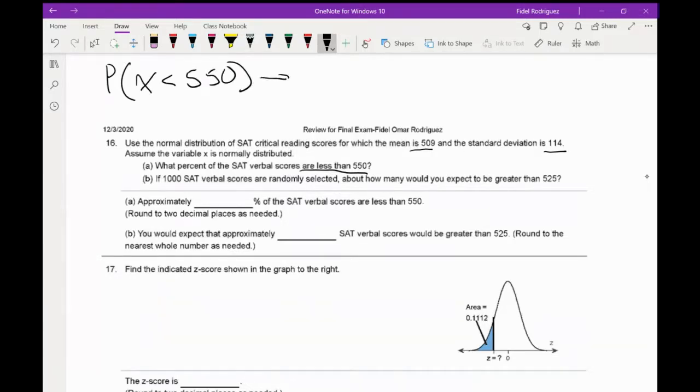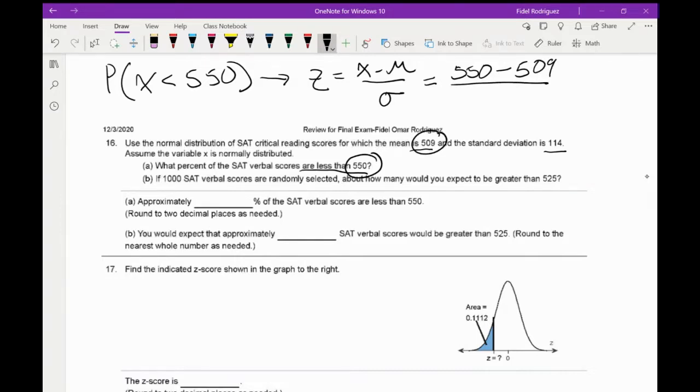So our formula is (X minus mu) over sigma, okay? My X score in this case is 550, our mean is 509, and our standard deviation is 114.